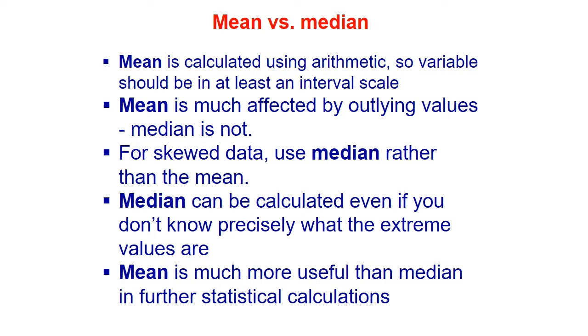If data contain outliers or extreme values, which means the data is skewed, the mean is influenced or swayed by the outlying values and therefore is not suitable as a measure of central tendency. Therefore, for skewed data, use the median as the measure of central tendency.